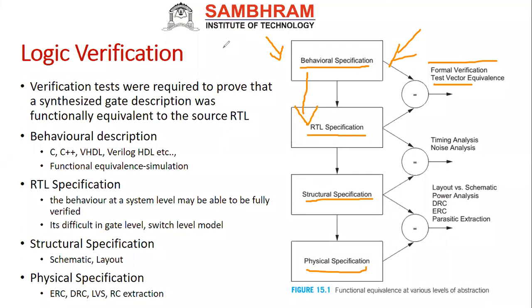For example, you need to perform an addition of A plus B. Normally, A plus B is purely a combinational circuit. But in RTL specification, the value A will be stored in a register, the value B will be stored in another register, then it will perform the addition, and finally the result will be stored in a register. That is why it is called register transfer level. Your values are transferred to the register level.